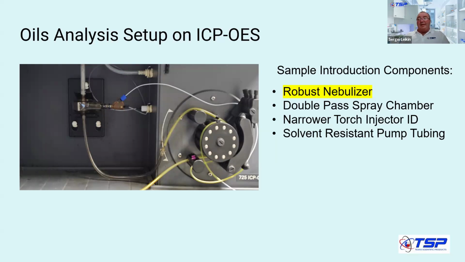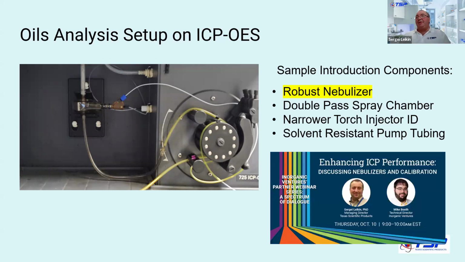And actually, the ASTM method for running oil specifically calls for a Babington type nebulizer that can also handle particulates and things like that. So we're not going to dig into the specifics or details of the nebulizer selection.